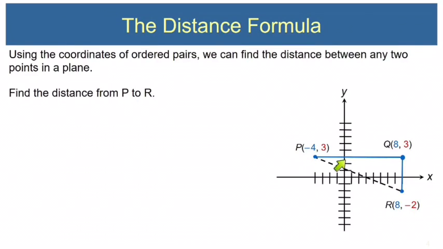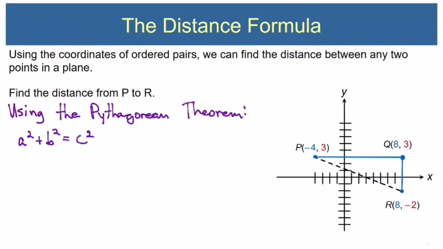We can always draw a horizontal side and then a vertical side, and we'll have ourselves a right triangle. So now the Pythagorean theorem, you know, is a squared plus b squared is c squared, where the a and the b are the vertical and horizontal sides, and the c is the hypotenuse, which would be this P to R side.